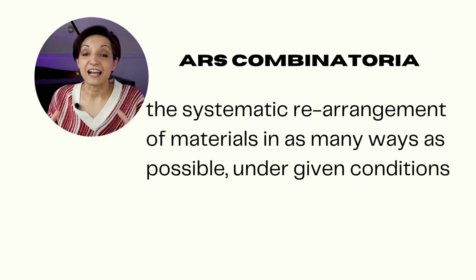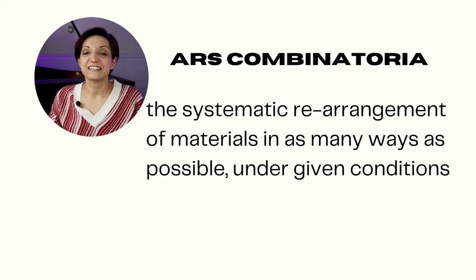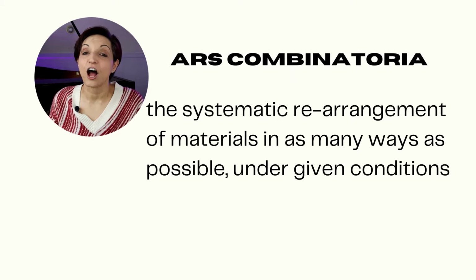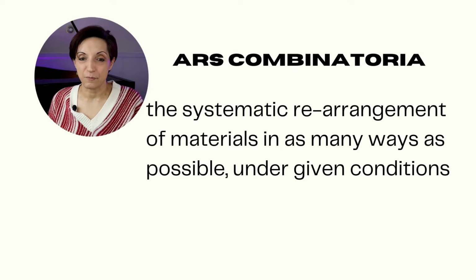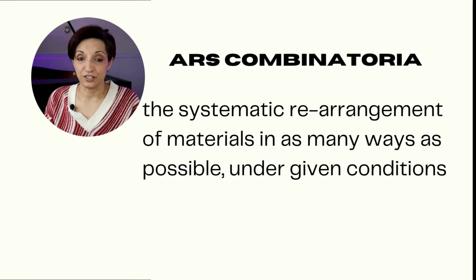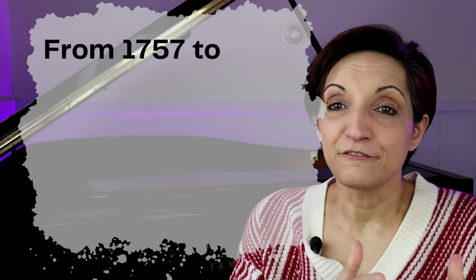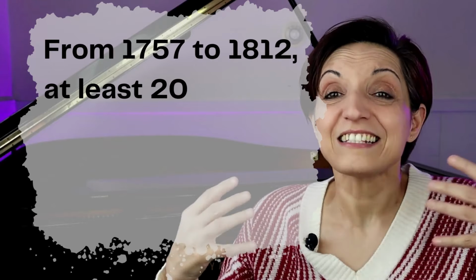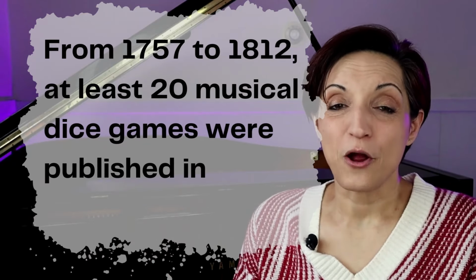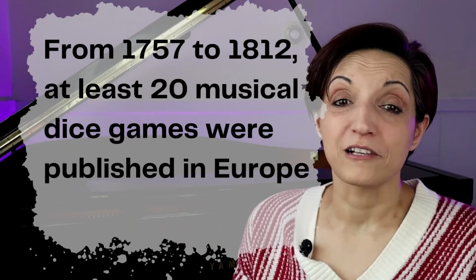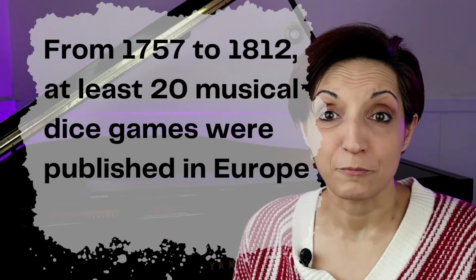This is called ars combinatoria, which is the systematic rearranging of materials in as many ways as possible under given conditions. From 1757 to 1812, at least 20 musical dice games were published in Europe, some in multiple editions and multiple languages.